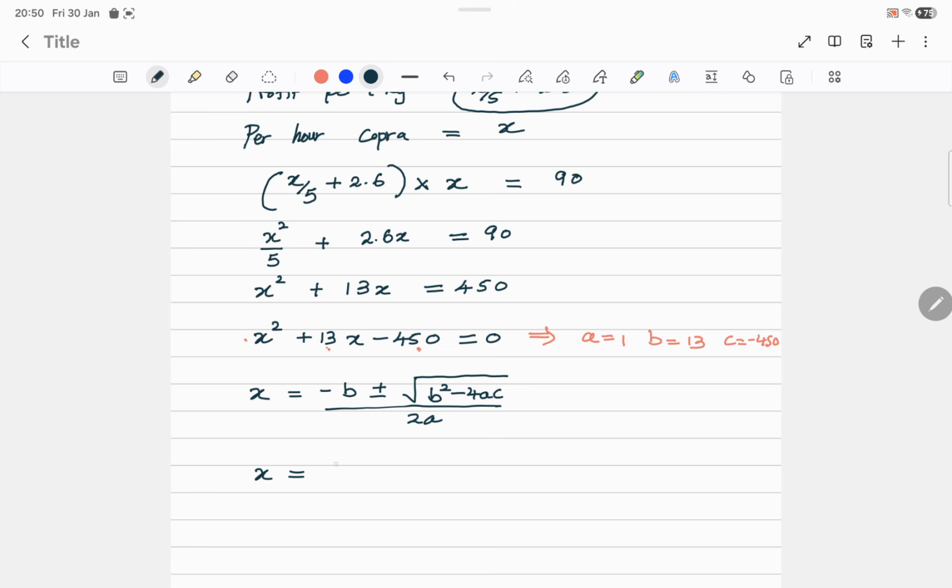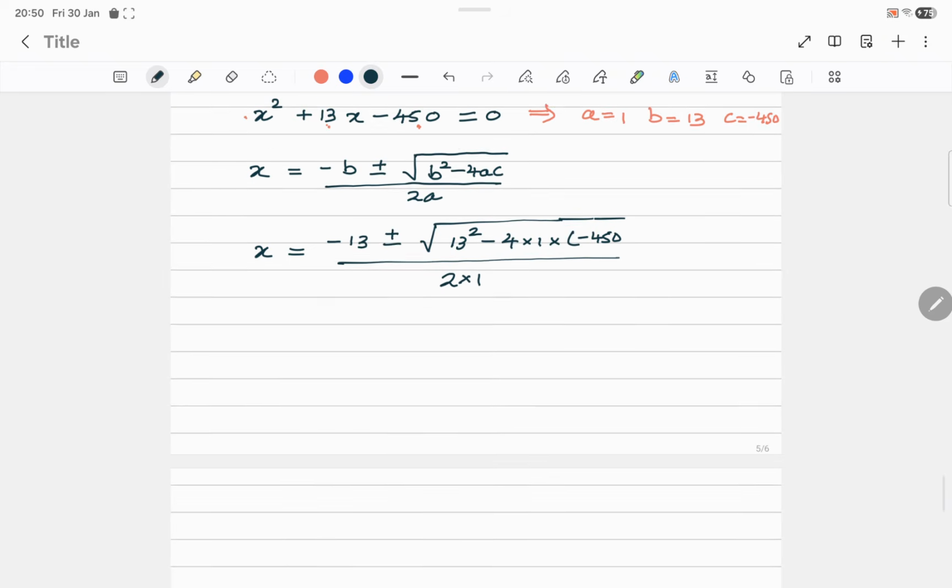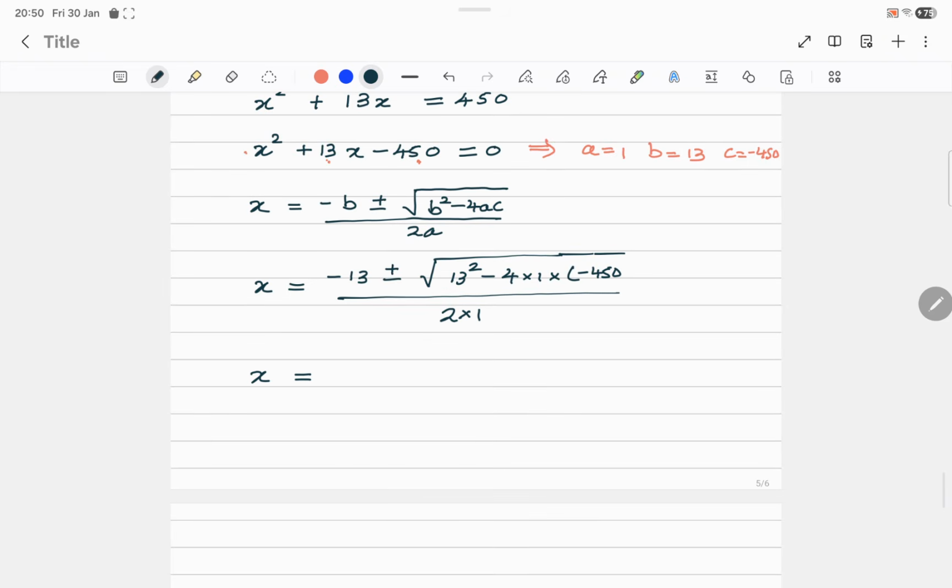So minus 13 plus or minus the square root of 13 squared minus 4, a is 1, c is minus 450. Right. Now just simplify the inside of the square root. So x equals minus 13 plus or minus the square root of 169. 4 into 450 is 1800.